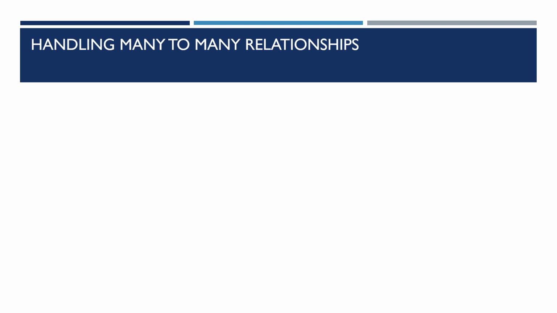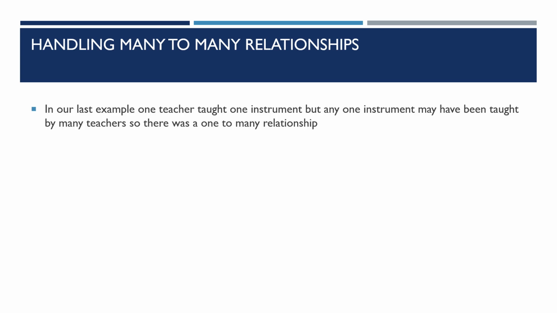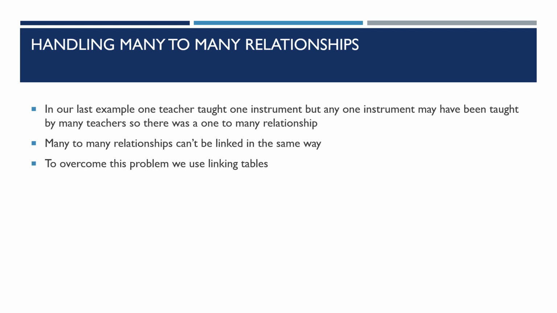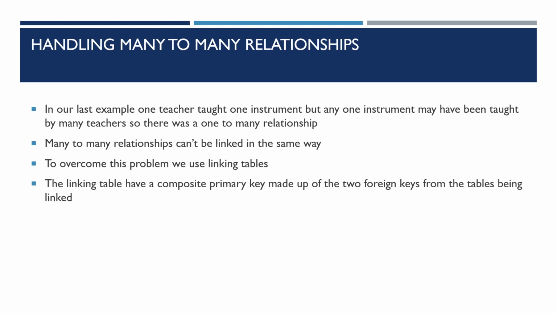In our last example, one teacher taught one instrument, but any one instrument may have been taught by many teachers, so there was a one-to-many relationship. Many-to-many relationships can't be linked in the same way. To overcome this problem, we use linking tables. A linking table will have a composite primary key made up of the two foreign keys from the tables being linked.